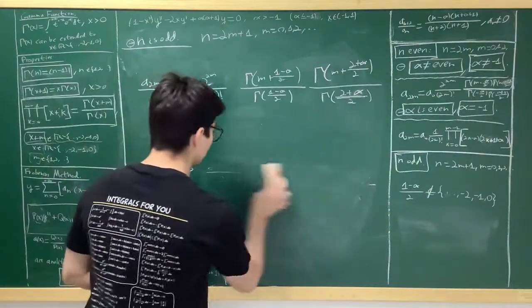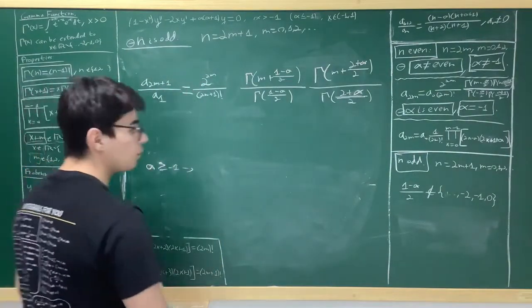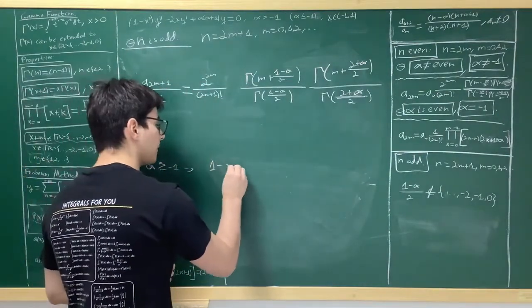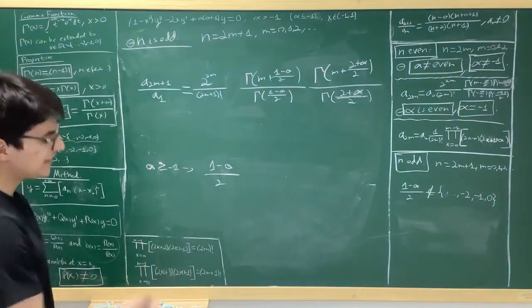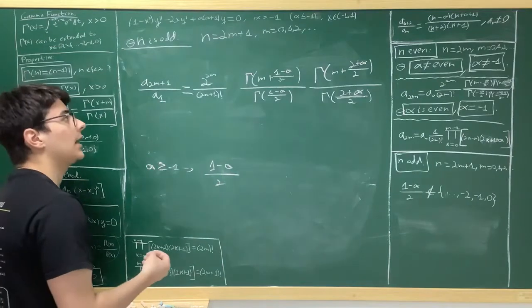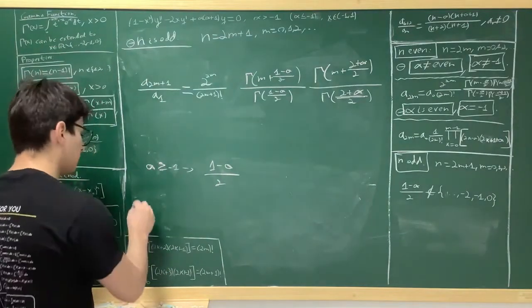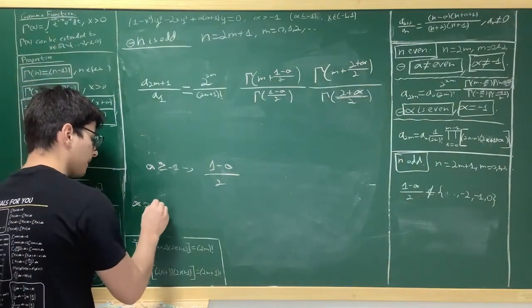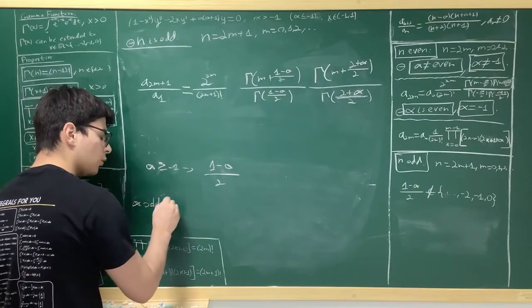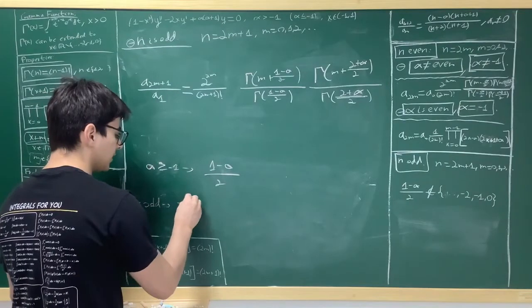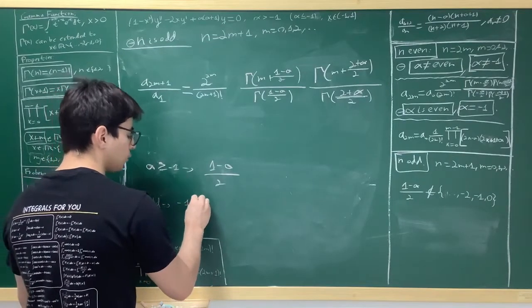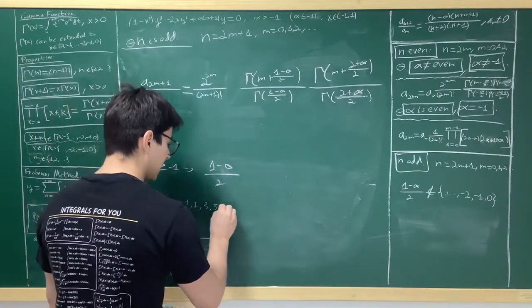Now, the problem is when we consider 1 minus alpha over 2. So when we consider 1 minus alpha over 2, this will only be an integer if alpha is odd. So alpha is odd. We get that it can be -1, 1, 3, 5, and so on.